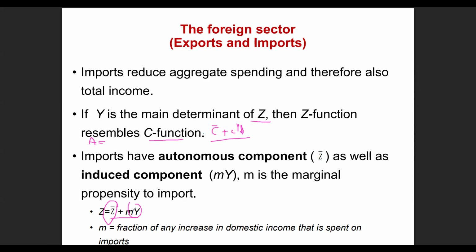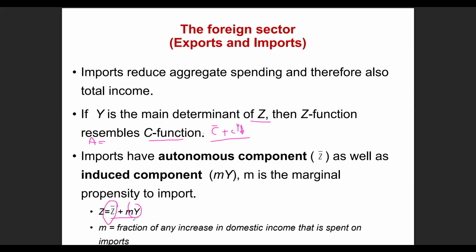This m represents the marginal propensity to import. And they said that m is the fraction of any increase in domestic income that is spent on imports. So remember when we were looking at the consumption function, we were saying that with every 1 rand increase in income, this is how much will be spent. MPC is telling us that with every 1 rand increase in income, this is how much will be spent of that increase.